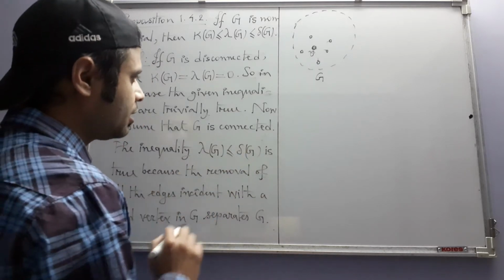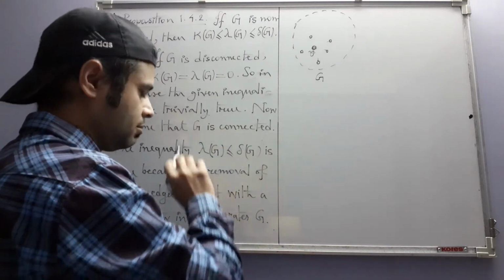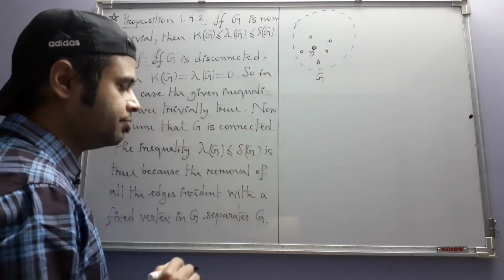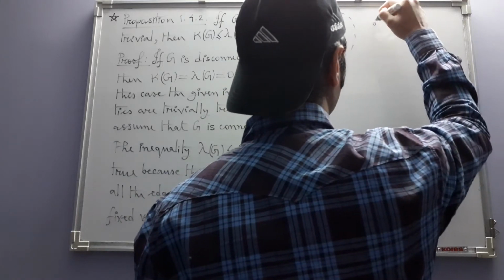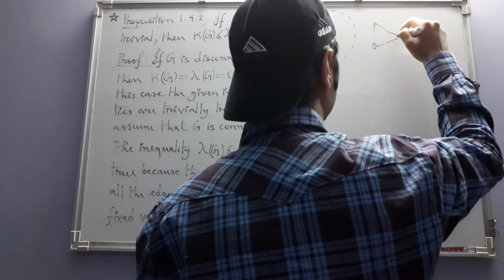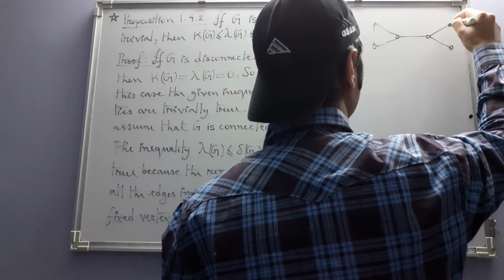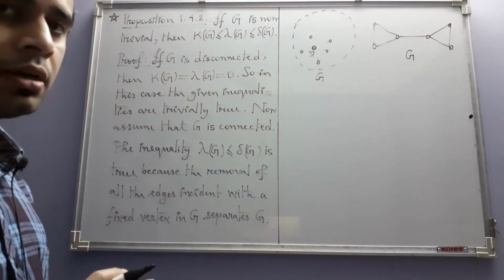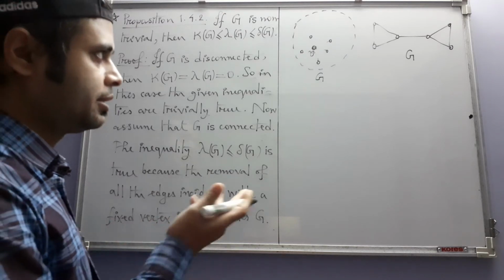Now if you are thinking of when you will have a strict inequality and when you can have equality, for that you can take some examples. For instance, you can consider this graph, say. Say this is our G. It's a non-trivial graph. It has more than one vertex. It's also non-empty and it is connected also.